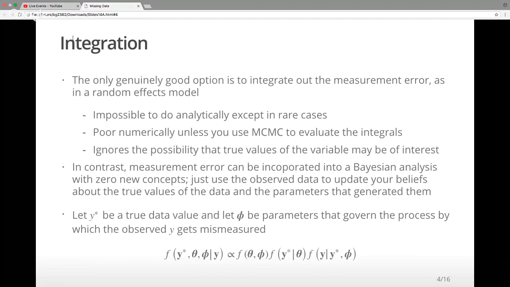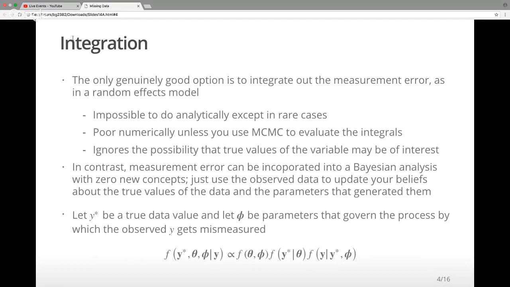So there's not a whole lot of good options from a frequentist perspective, but in contrast, if you take a Bayesian perspective, you can incorporate measurement error into it with literally zero new concepts. You're just using the observed data, which may be mismeasured, to update your beliefs both about the true values of the data and the parameters that generate it.